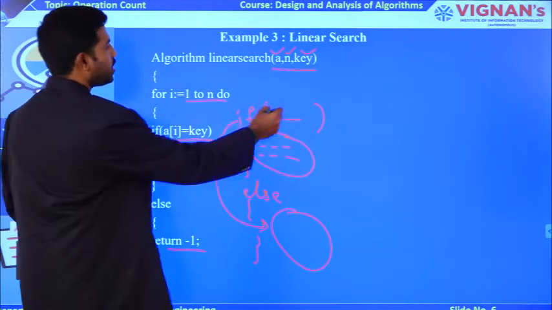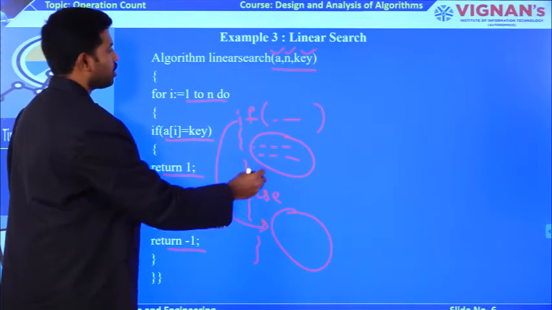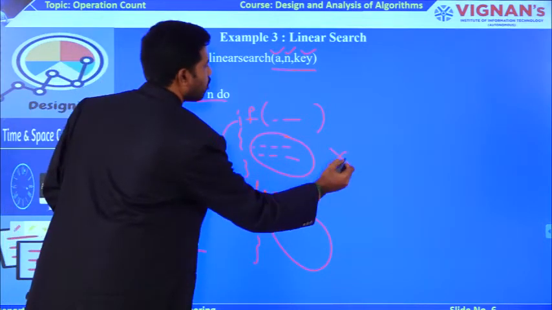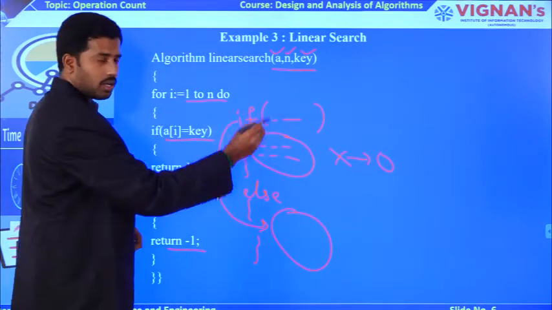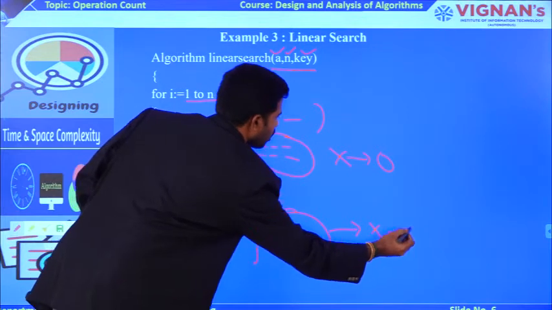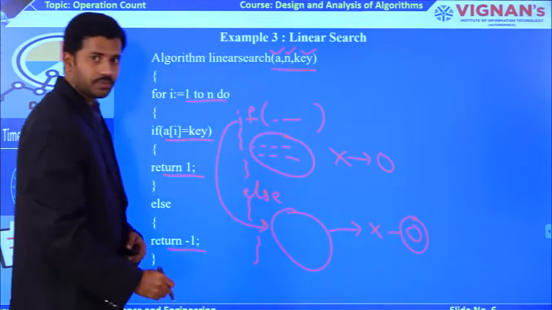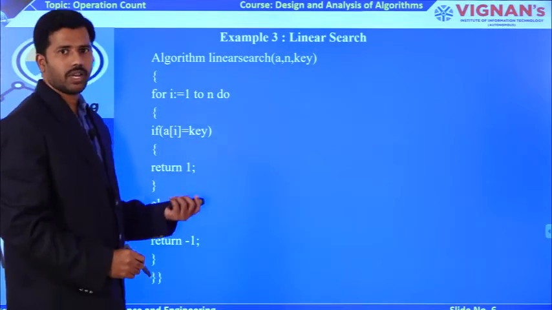So if the condition fails, the values for the if statements become 0, and if the condition is true, the values for the statements inside the else block become 0. Likewise, you need to trace the algorithm when you have if else.